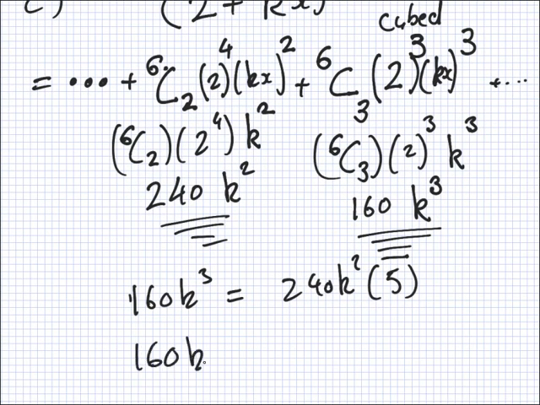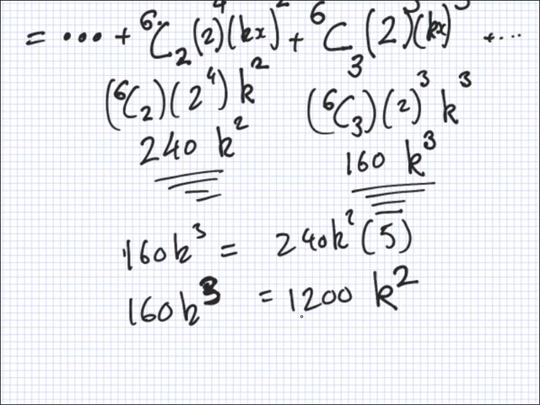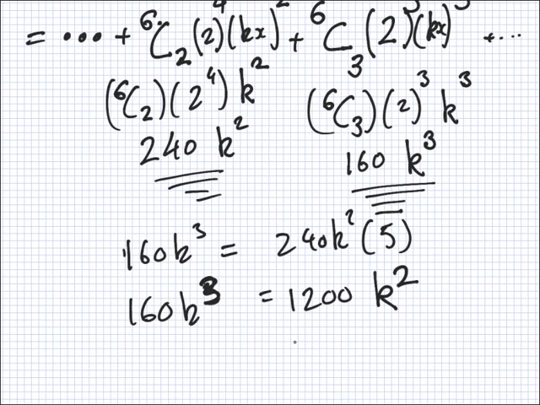Let's see. So what's that? 1,200 is it? I think so. Do you want to confirm that? No, sorry, that's actually a 3, not a 2. Right, now it's starting to get a little bit harder. What should I do next to solve this, do you think? Divide by k squared.